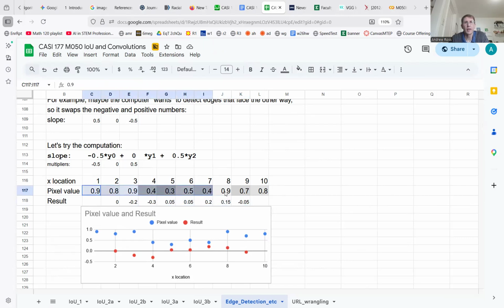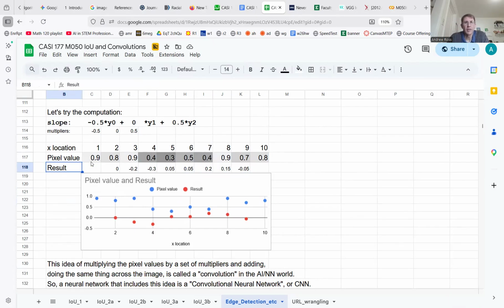Now, this data set is a noisy version of the background on the left, and a noisy version of the dark part in the middle, and a noisy version of the background on the right. So that's demonstrating that computation of using multipliers times pixel values and adding it all up. And then we're doing the same thing across the whole image. That idea is called a convolution in the AI neural network world.